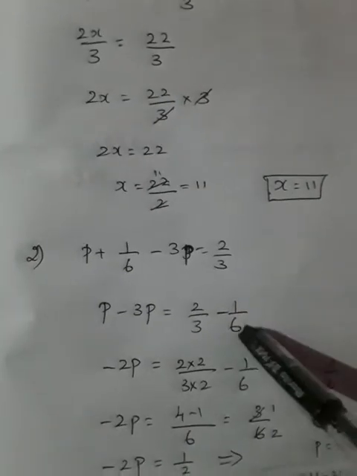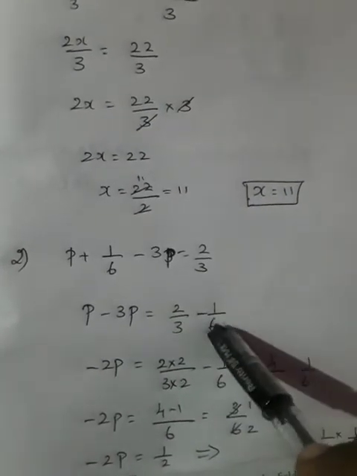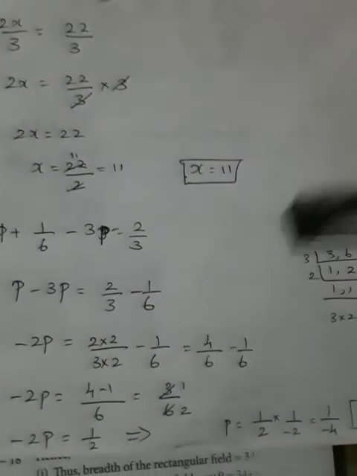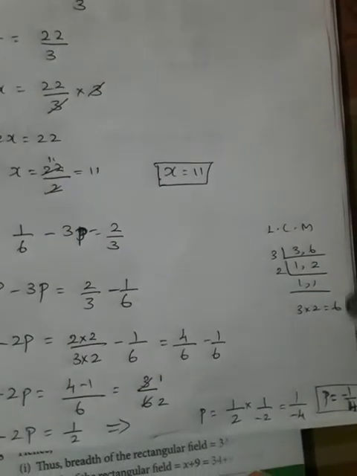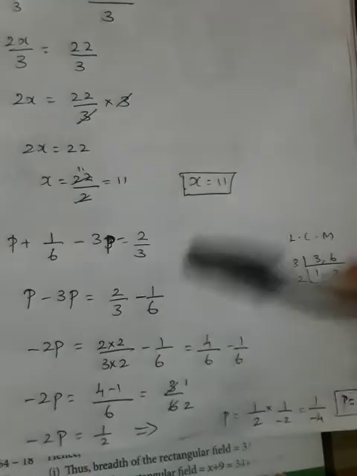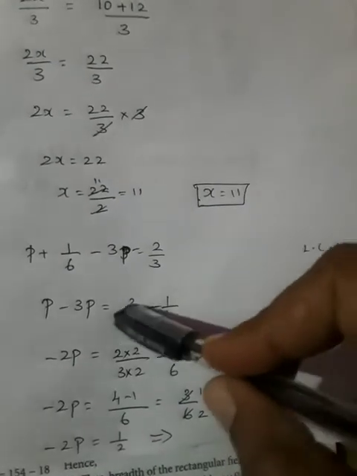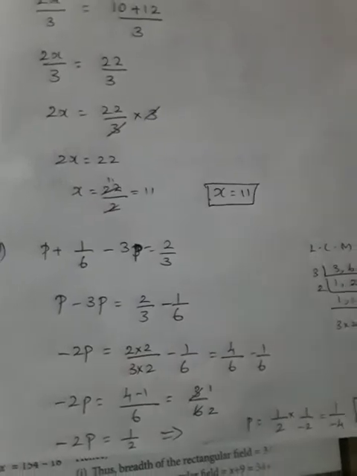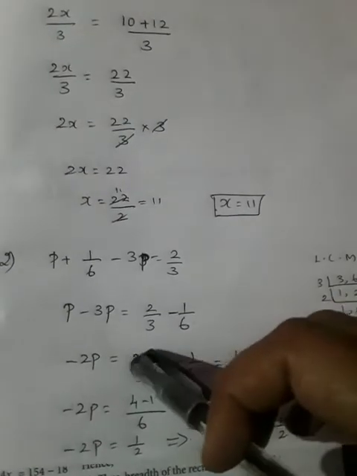After that, take the LCM. What is the LCM for 2 by 3 minus 1 by 6, as I already said? Find the LCM of 3 and 6, and the answer is 6. For 1 by 6, we already have 6 in the denominator, so only this 3 we have to change to 6. How will you change it? By multiplying by 2. So 3 into 2, and here 2 into 2.